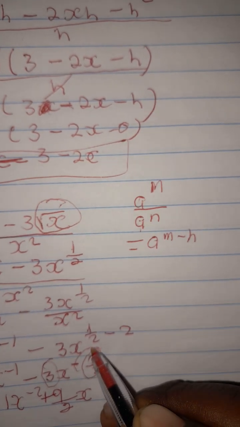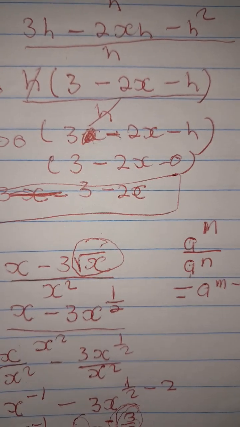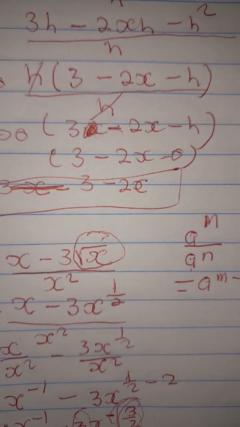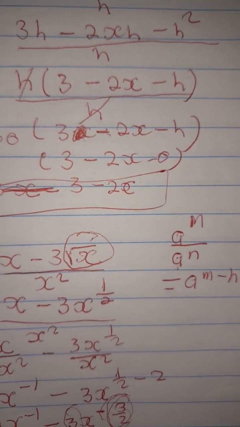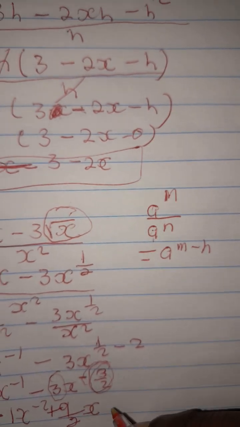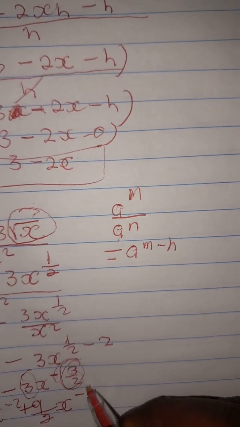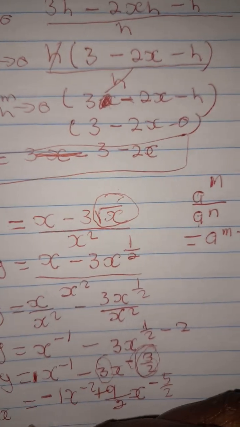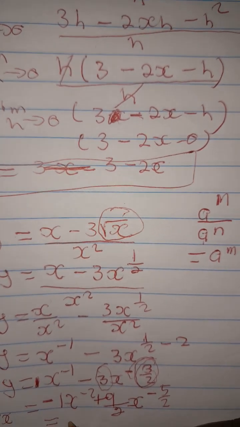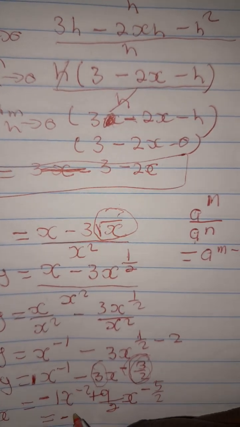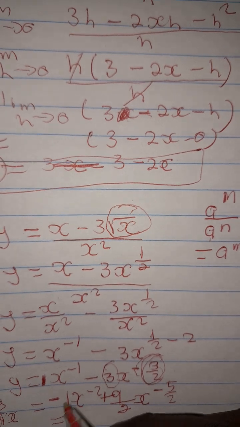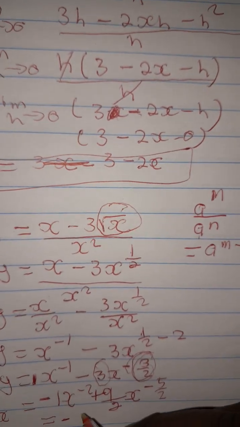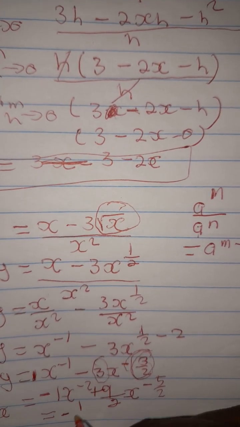Right, then you need to subtract 1 from negative 3 all over 2. You're going to have negative 5 all over 2. So let's write this. Let's say they wanted us to leave it in a positive form. We will say 1 all over x squared.